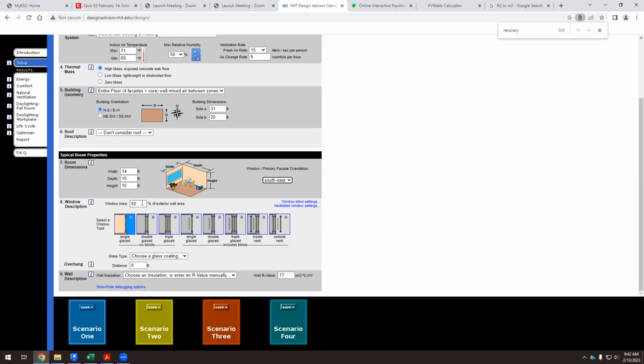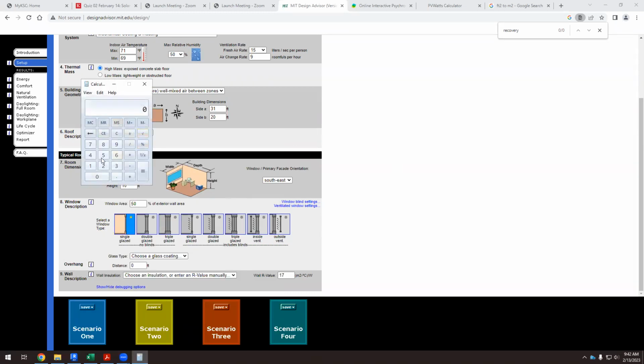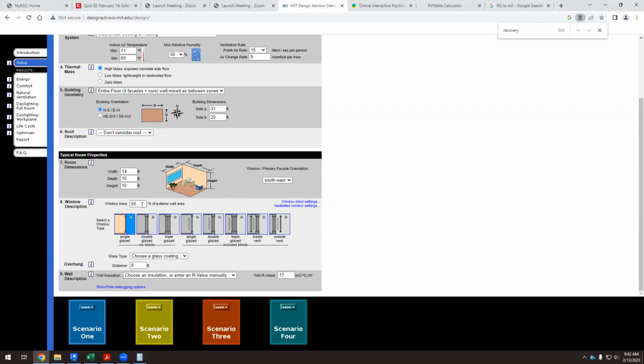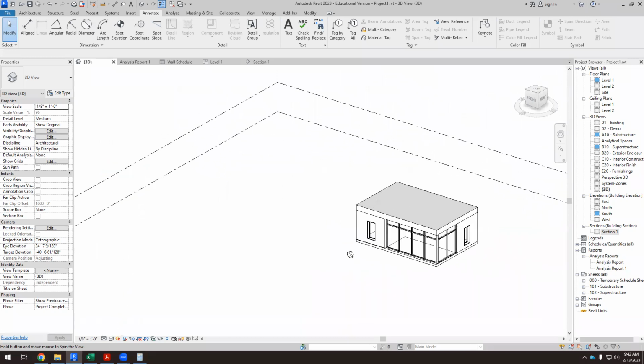So the percentage of the ratio window to wall area is 382 divided by the wall, which is 551, times 100. So it's 69. The window to wall area is around 69%. We have a lot of window area in this building compared to the area of the walls, we have a lot of glass.